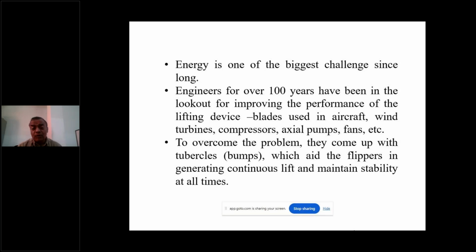To overcome the problems, they came up with tubercles, bumps, which aid the flippers in generating continuous lift and maintain stability at all times.